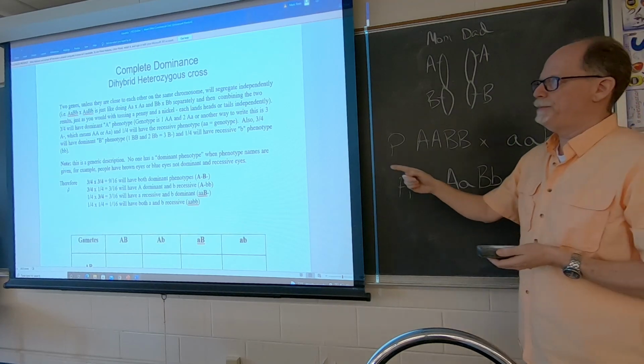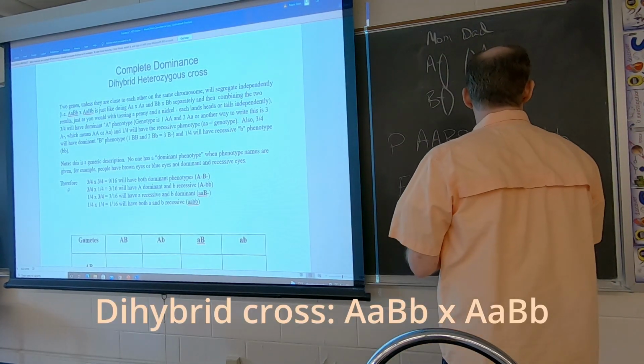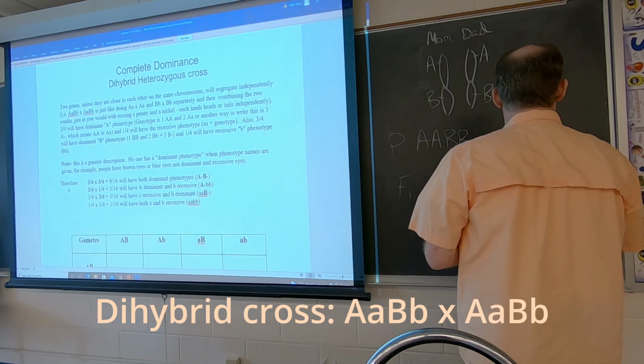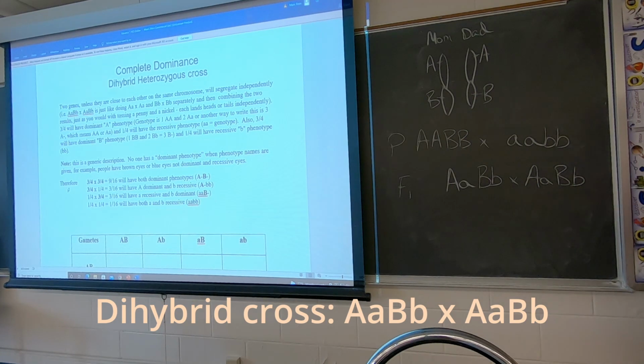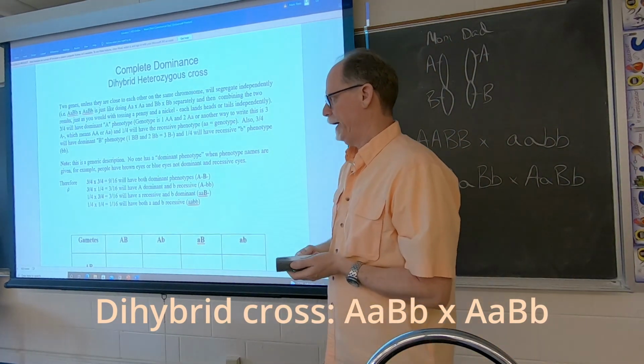So a dihybrid heterozygous cross is when you do the F1 cross, where they're both heterozygous. That's what this is attempting to explain.